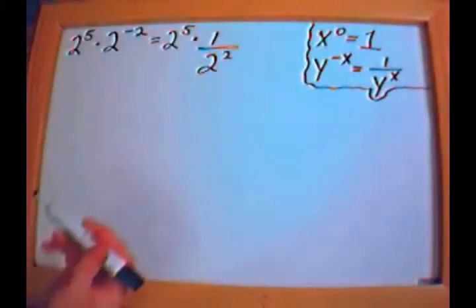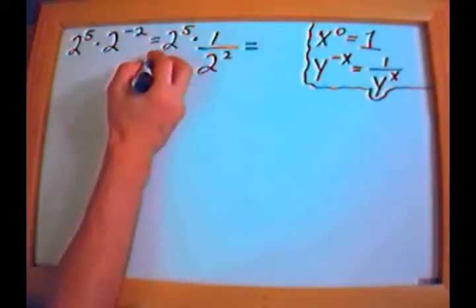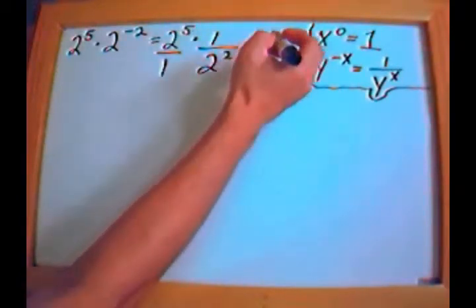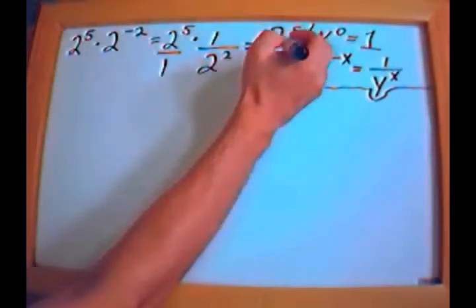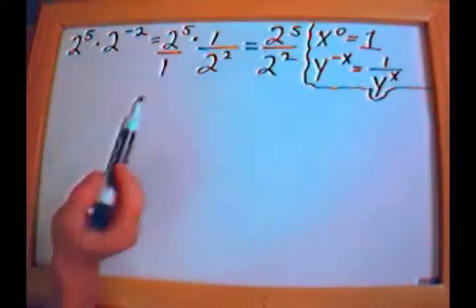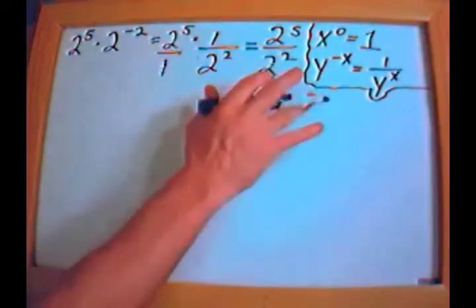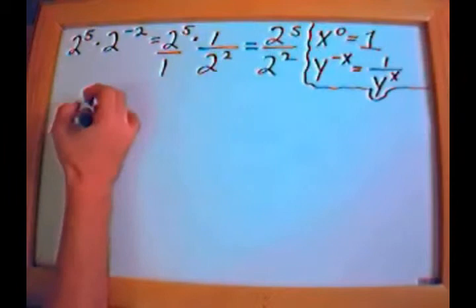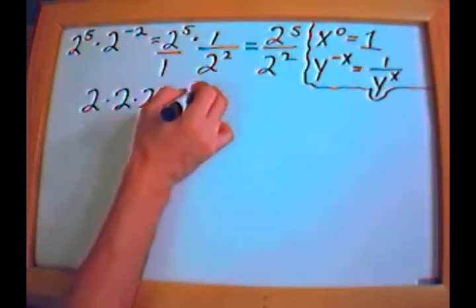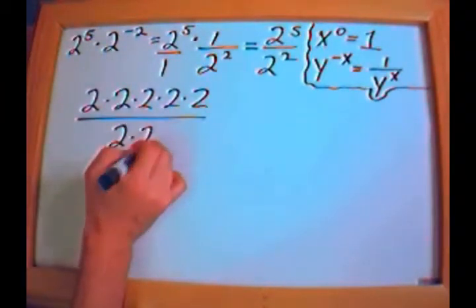Now, further, if I want to simplify this, this is really a fraction. 2 to the 5th is the same as 2 to the 5th over 1. So this is really 2 to the 5th over 2 to the 2nd. And we can reduce this fraction because, and I'm going to do this blown out in the first example to make it clear, on the top I have 2 times 2 times 2 times 2 times 2, that's 2 to the 5th, and on the bottom I have 2 times 2.